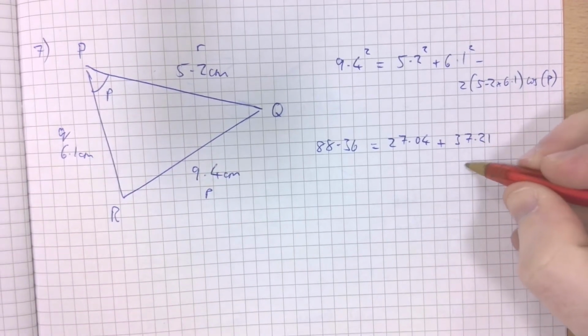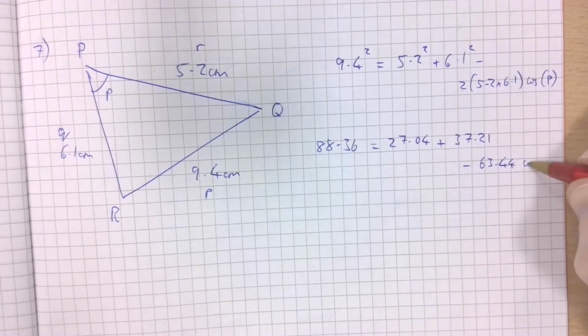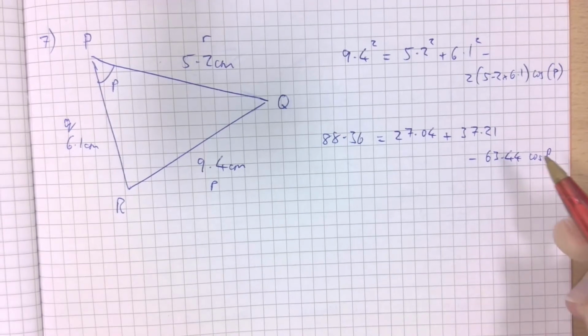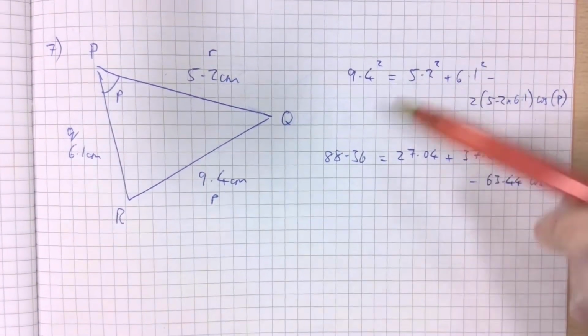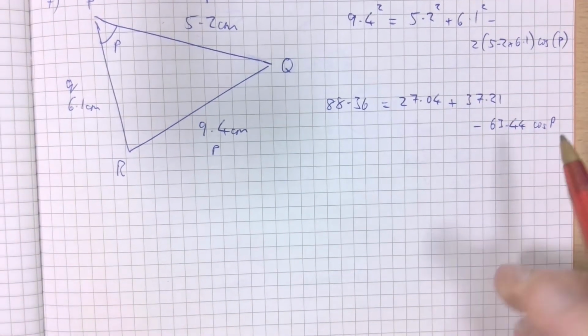So this is subtract 63.44 times cos of whatever P is. Okay, I have to put it over multiple lines because I'm running out of a bit of space in this work, but you get the picture.